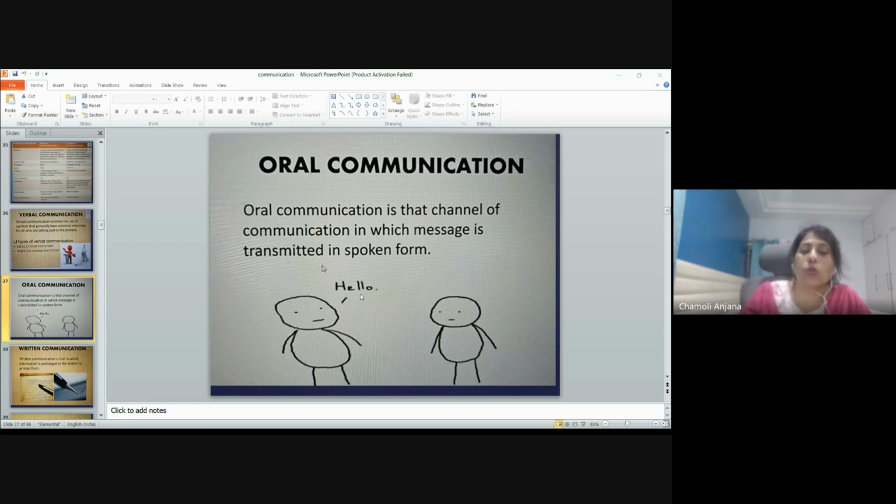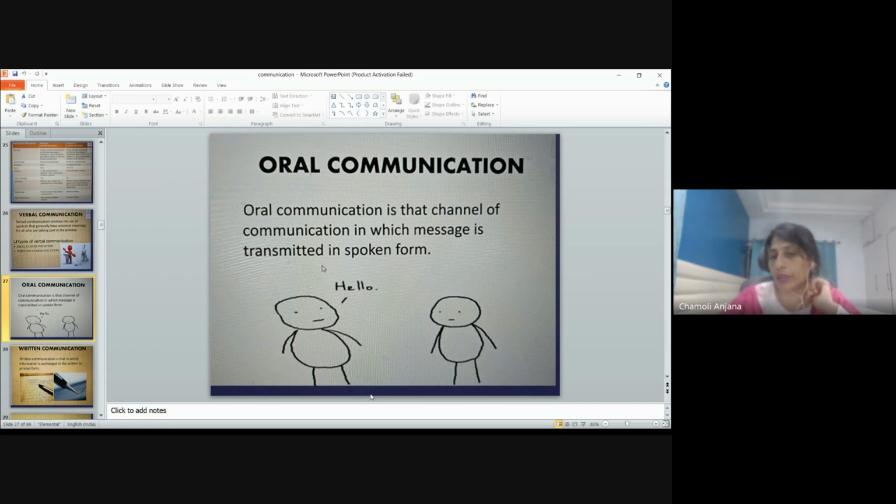When we are talking with each other through spoken words, it is called oral communication. This also includes communication in meetings and in presentations. All these kinds of communication are examples of oral communication, where with the help of words, orally, the sender or the source delivers the message to the receiver.